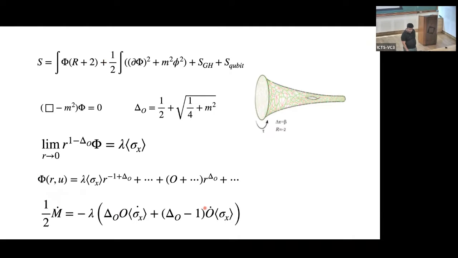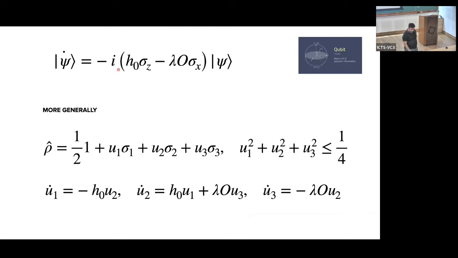So you have to solve the mass equation, and you need the mass equation because you have to solve the Klein-Gordon equation for this small phi in this background. And then you have to extract the O from the fall off behavior. So you have to solve the whole system in a self-consistent way. Now, instead of a pure state, I can also take a mixed state, and I put it on a Bloch sphere.